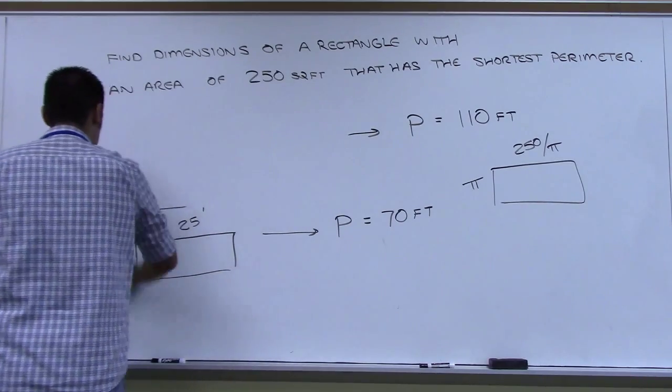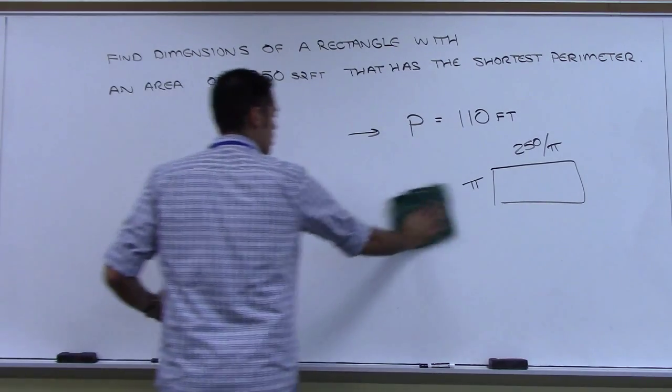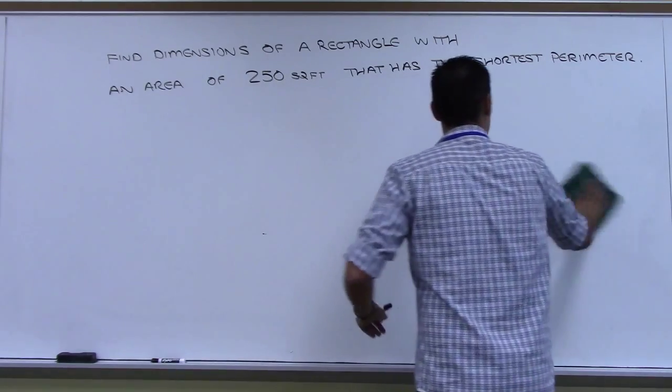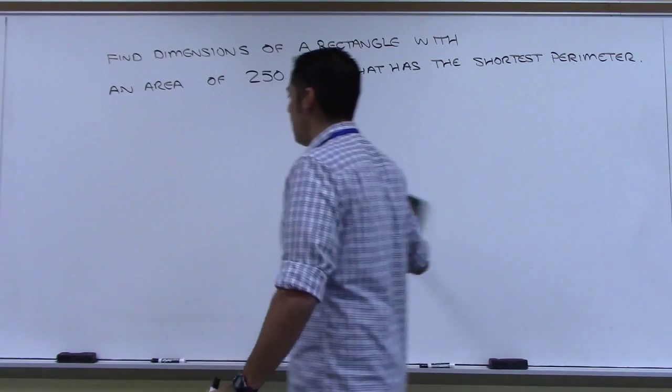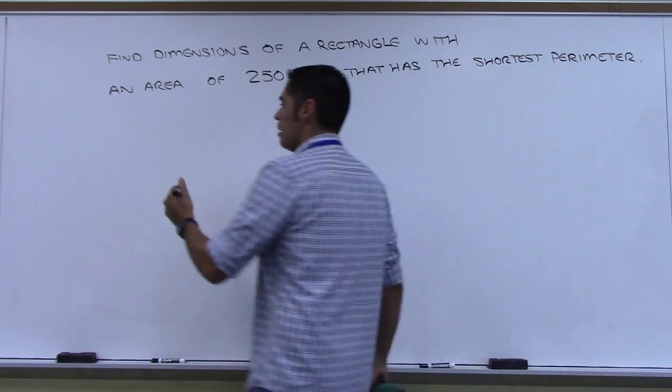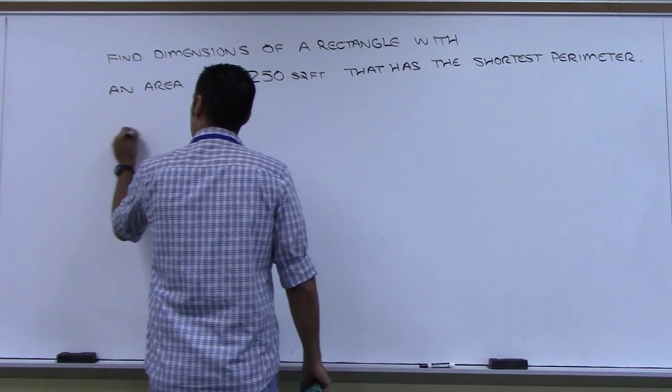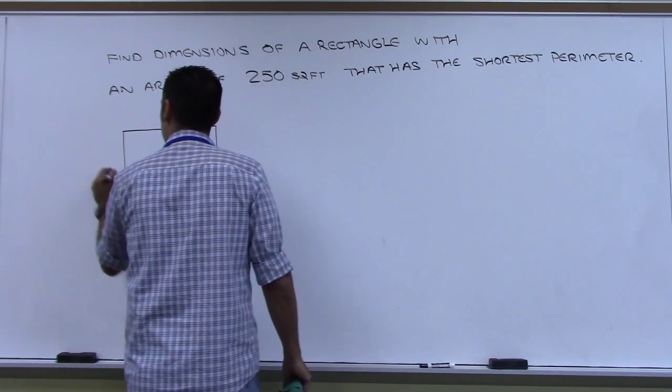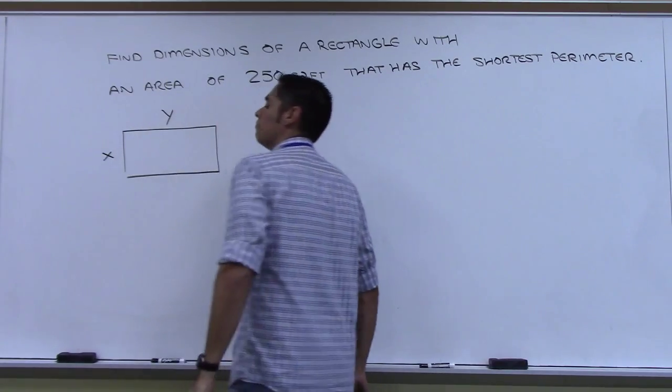Okay, so what I'm going to do, again, I'll formalize this more next class. What I'm going to do is first just draw a picture of a generic situation, a generic scenario. So what about having a rectangle where I call this side x and this side y?